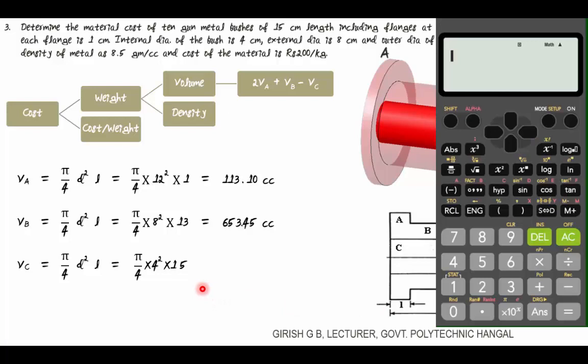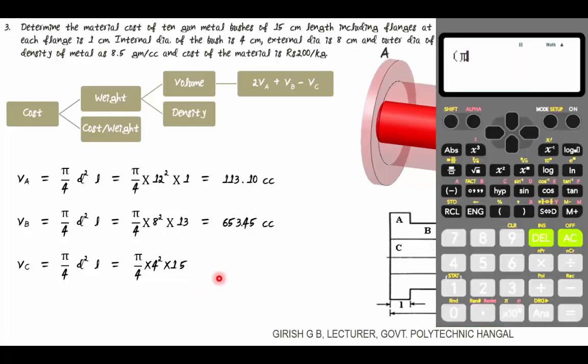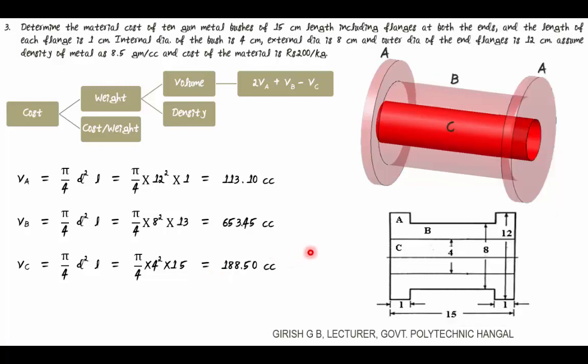Pi divided by 4, into 4 square into 15, that will be equal to, we are going to store this value to C. The result obtained is 188.49 cc.